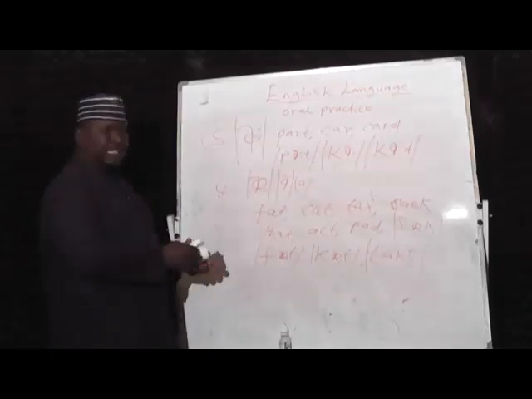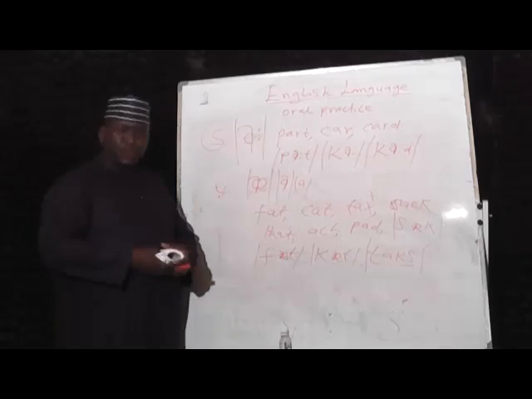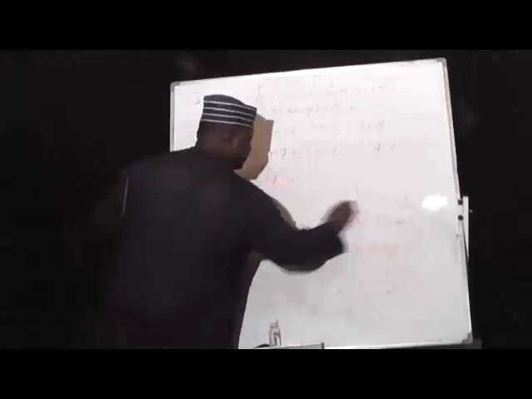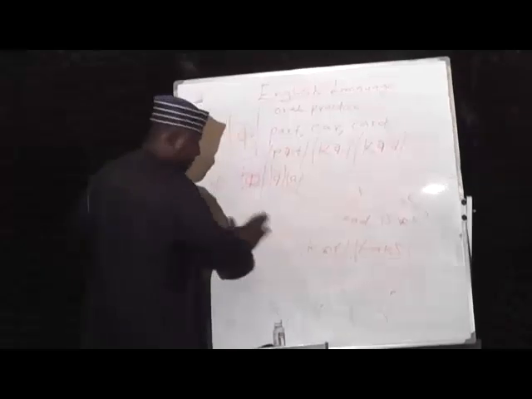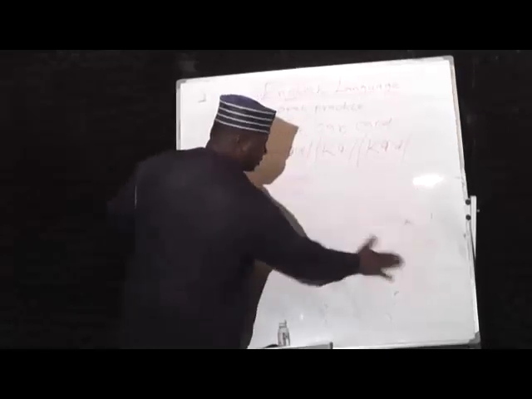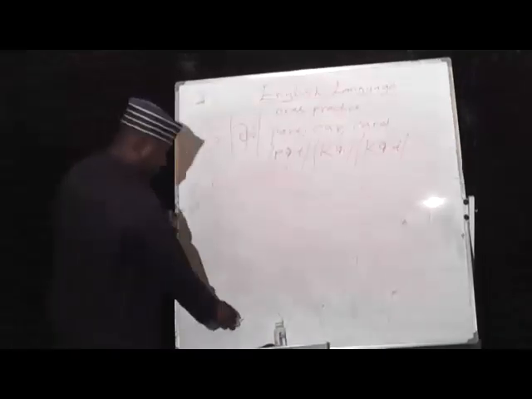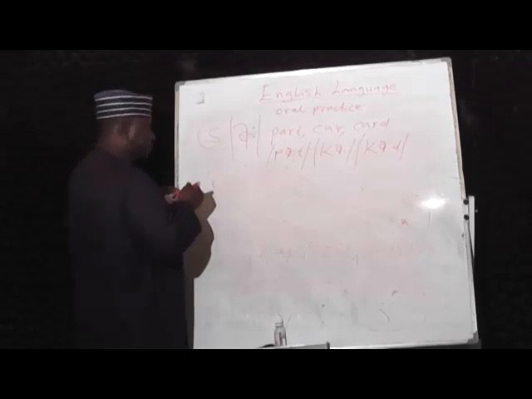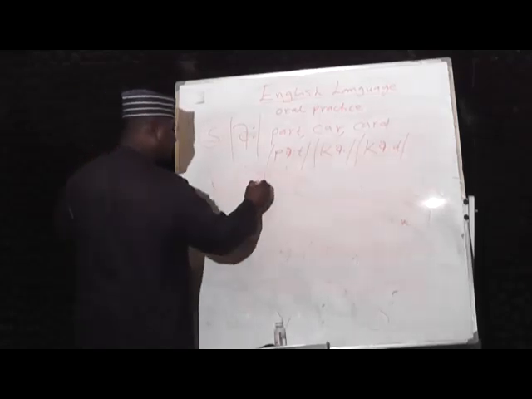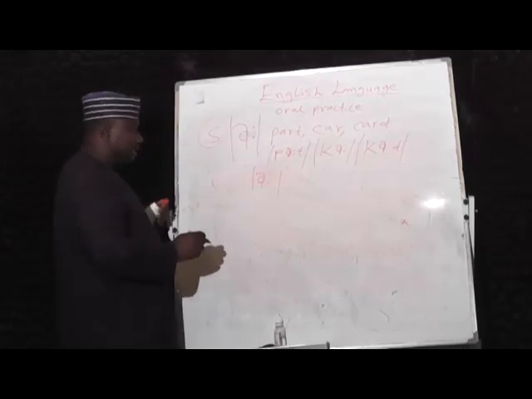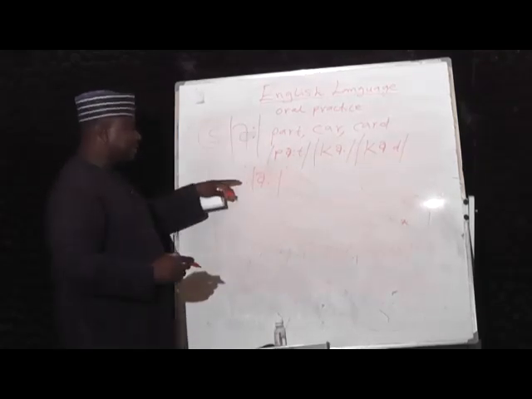Now let me give you an example. This example is for the purpose of examination. Now look at this. You may find a question written like this. You are to locate a word where this sound is present.